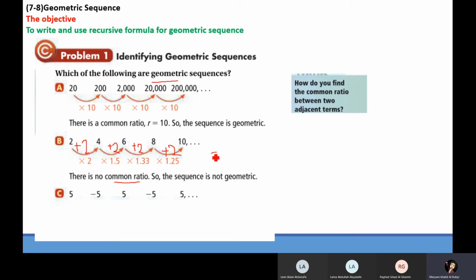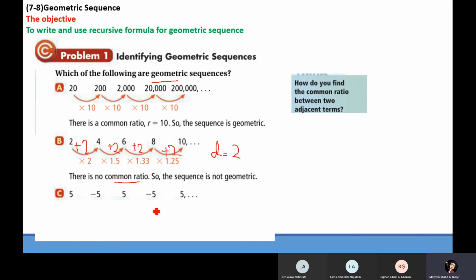So my d, if you remember from the previous semester, my d or the common difference is 2. So this sequence is arithmetic, not geometric. In your book, they wrote just not geometric, but if I would like to gather all your information, I can tell you the sequence is an arithmetic sequence.